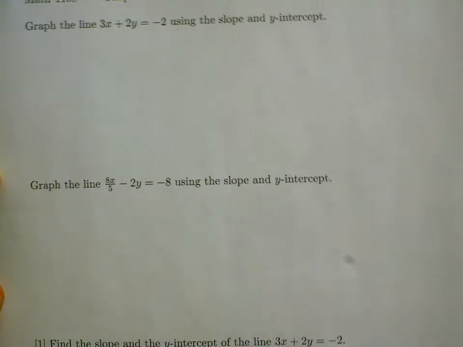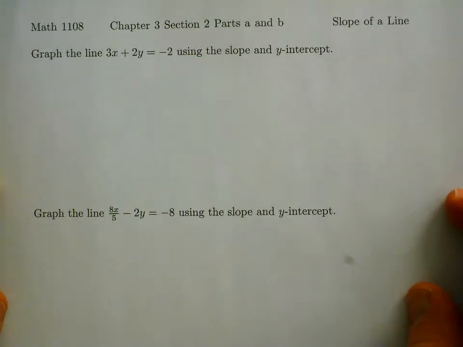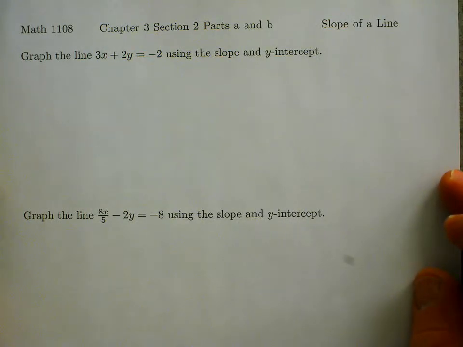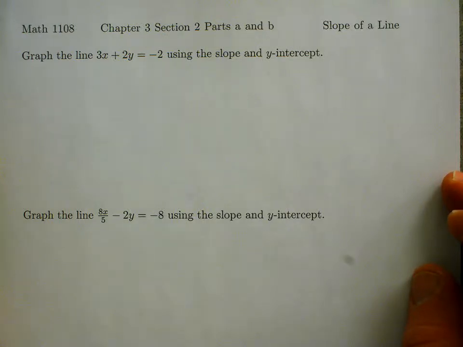Okay, let's look at some other exercises. Okay, this one says, graph the line 3x plus 2y equals -2 using the slope and the y-intercept.